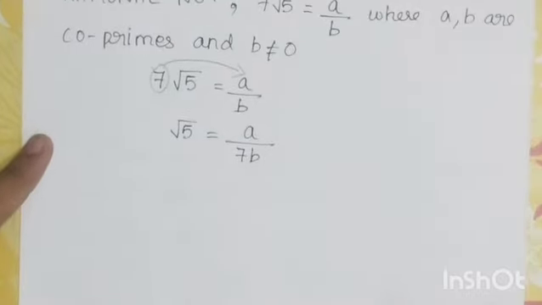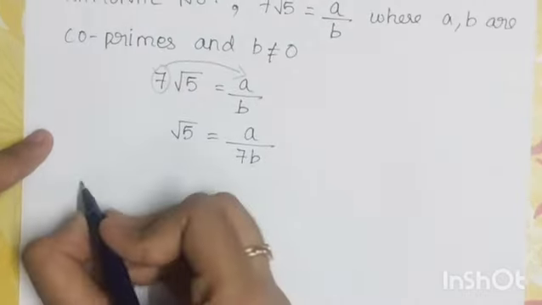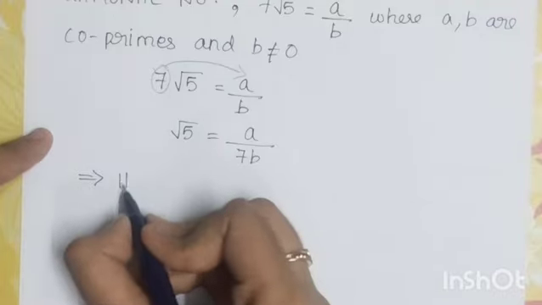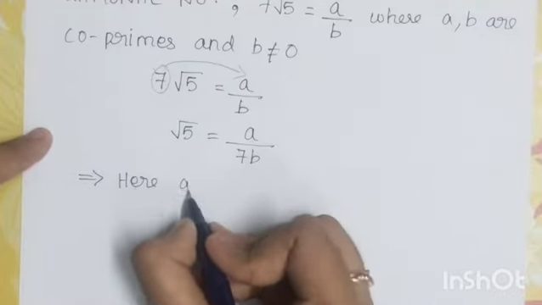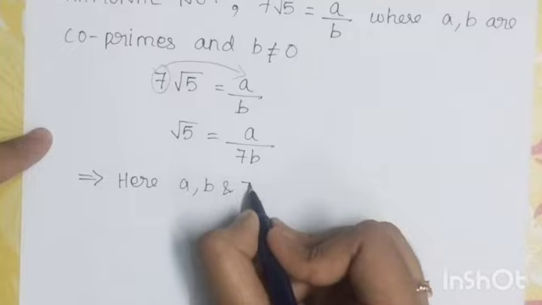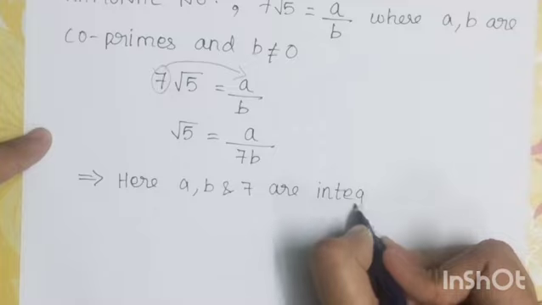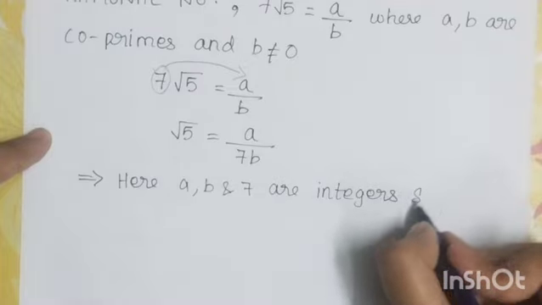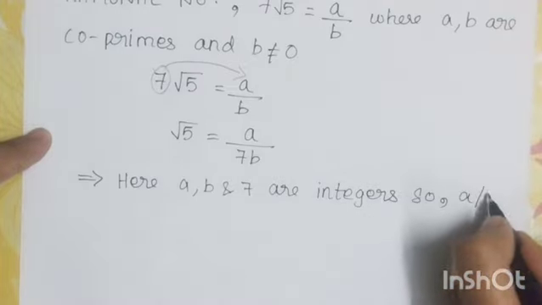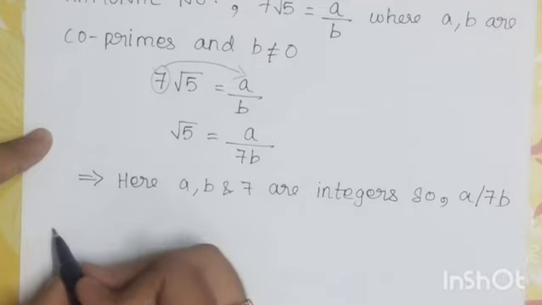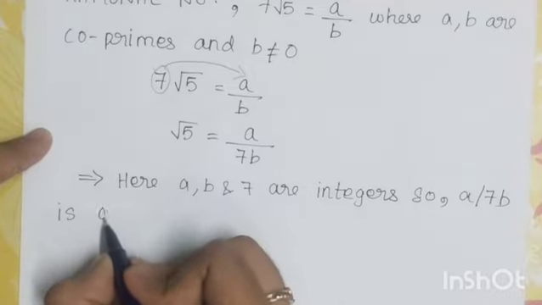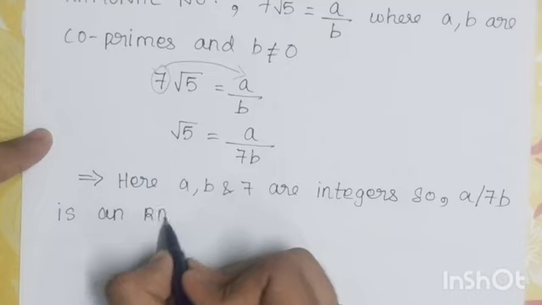So root 5 is equal to a by 7b. Here a, b and 7 are integers, so a by 7b is a rational number.